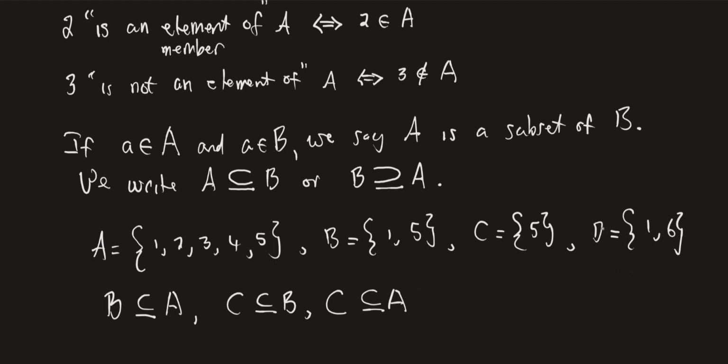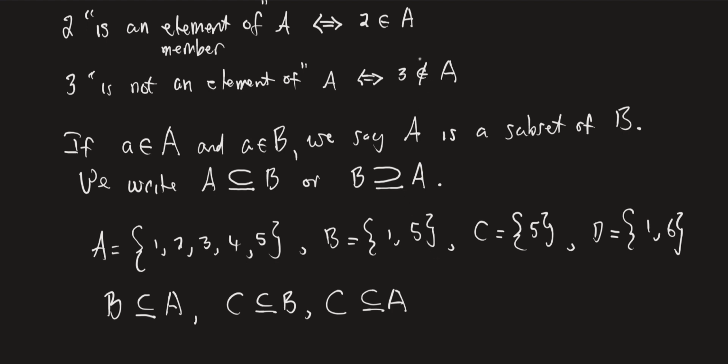But if you notice D has one element in common with B and A, but it has another element that's not in B and not in A, and well, definitely not in C. So we could say, for instance, that D is not a subset of A, D is not a subset of B, and certainly D is not a subset of C. So how do we write not a subset?